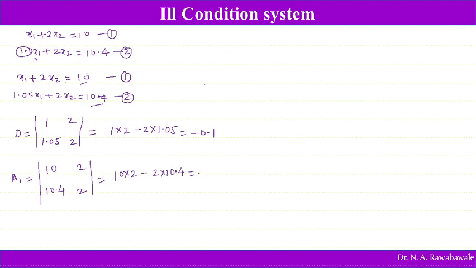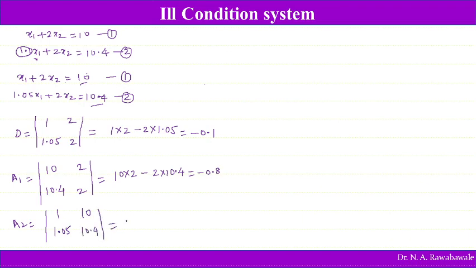This is going to be minus 0.8, and determinant a2 now we can write as 1.05 as it is. So this second column is replaced by constants 10.4.